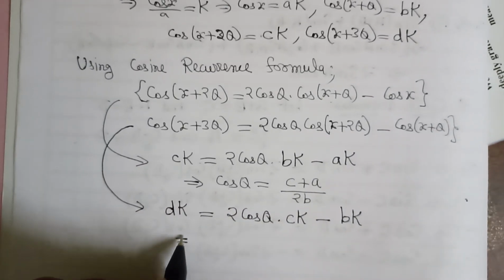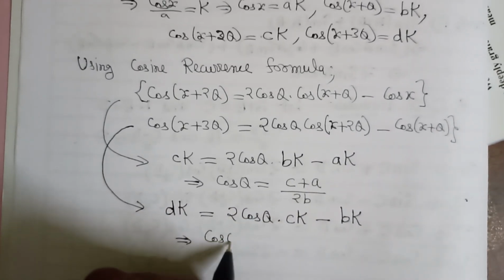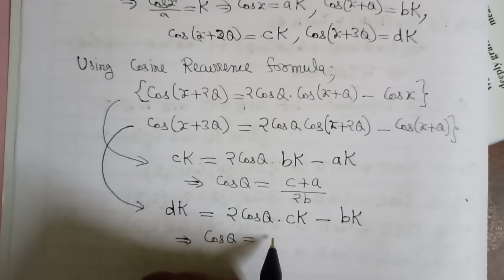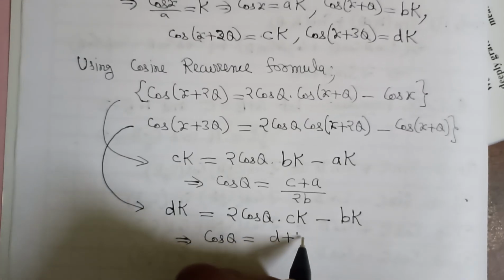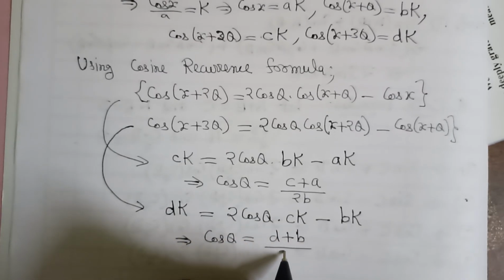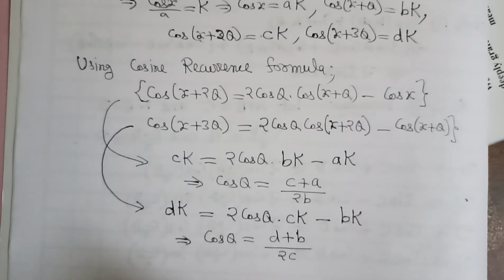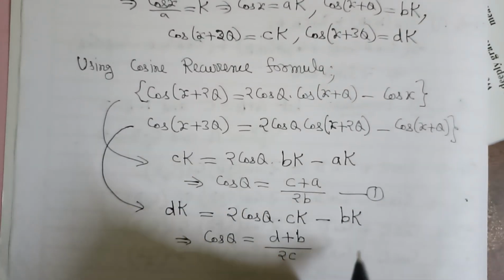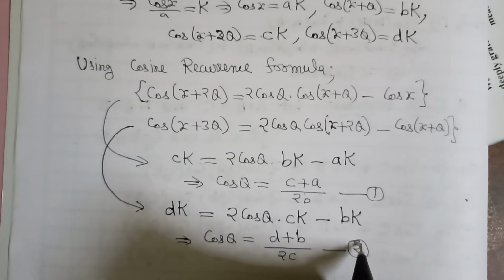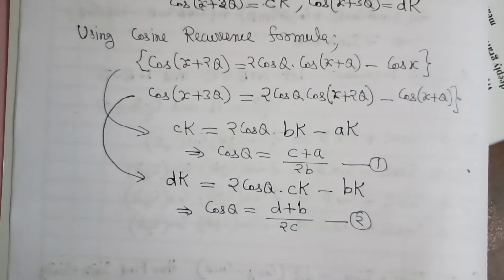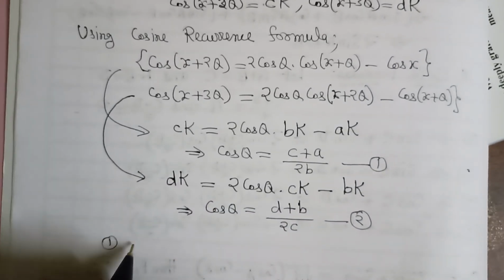Now again, when you separate cos theta, you will get (d plus b) divided by 2c. So this is 1 and this is 2. Clearly 1 and 2 are equal. 1 is equals to 2.